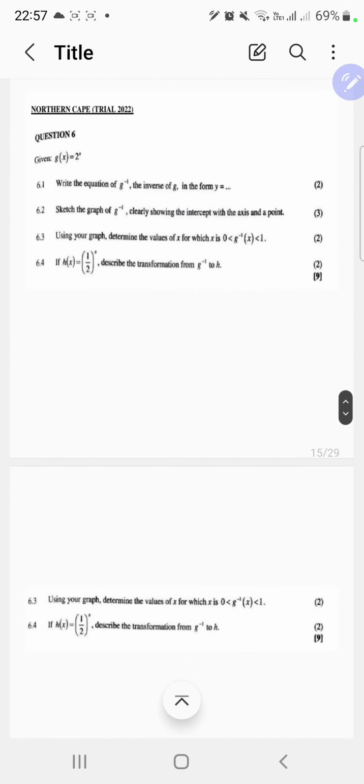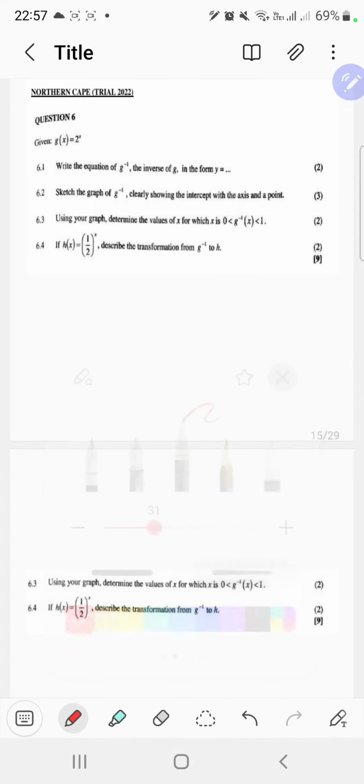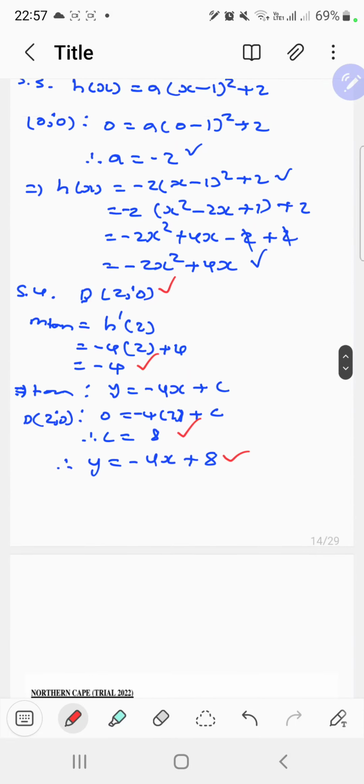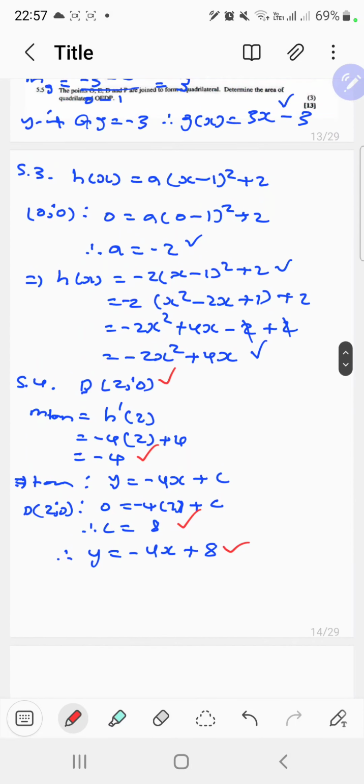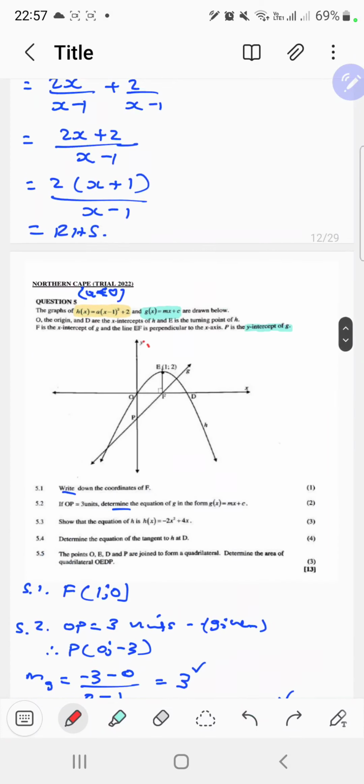You see now this thing is doing its own things. Okay guys, looks like we're in trouble a little bit, but let's sort it out.